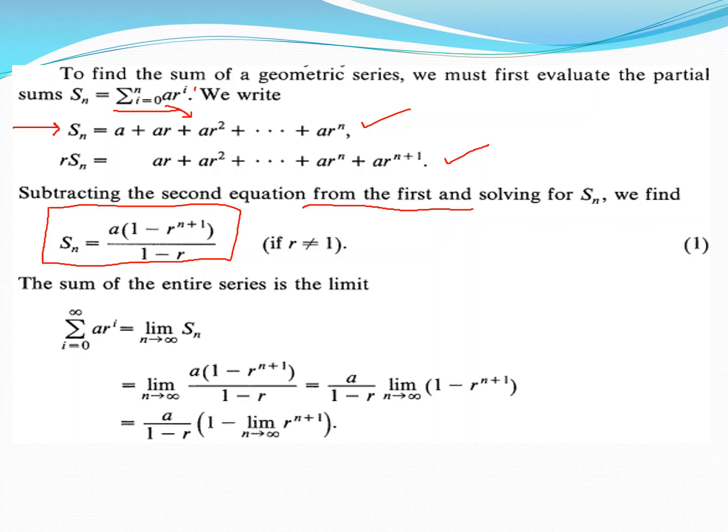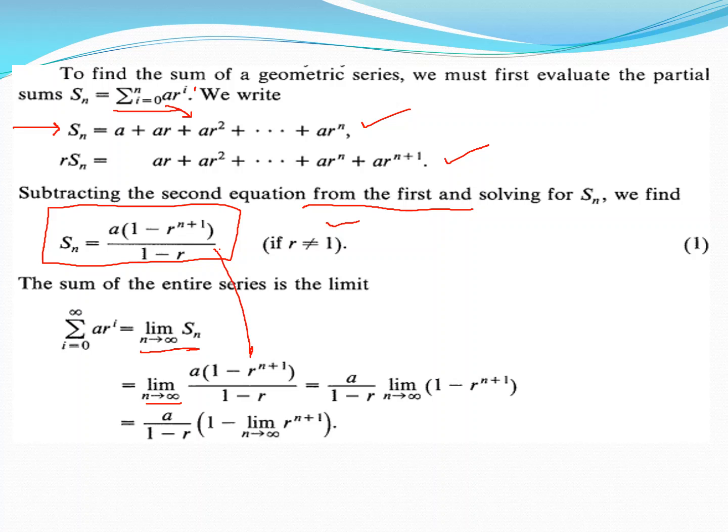If r is not equal to 1, the sum of the entire series is the limit of Sn as n approaches infinity. Again, limit as n approaches infinity of Sn is mentioned here.